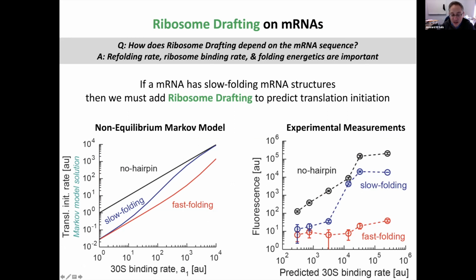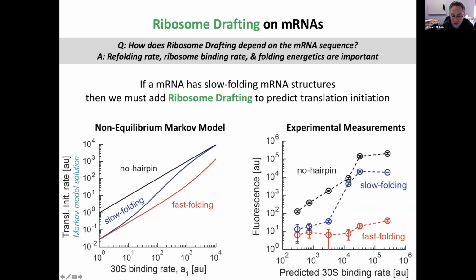And we did carry out a whole successive set of experiments. We varied the ribosome's binding rates. We varied the kinetics of RNA folding. And in comparison to a non-equilibrium Markov model, we expect a sigmoidal relationship with the slow folding hairpin. And that's exactly what we see.